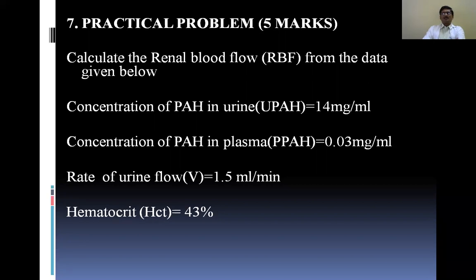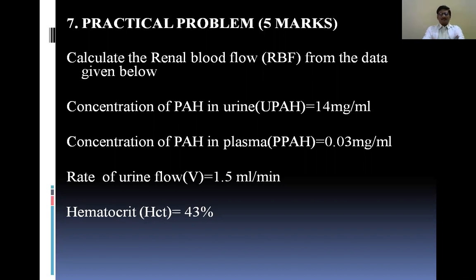So in order to calculate the effective renal plasma flow, or the correct plasma flow, we can get the value by using a formula: the clearance of either para-aminohippuric acid or diodrast divided by the extraction ratio. So we need to use one more additional formula. What is that?